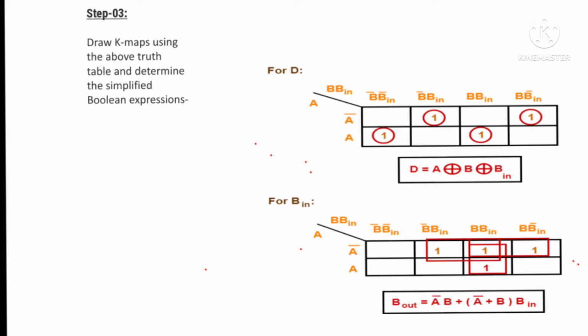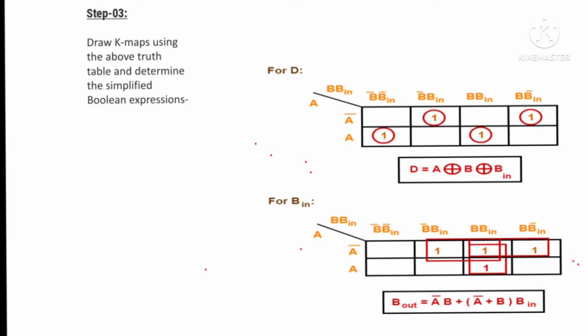At the first position we loop with the adjacent one, that is the third position, and we get A bar with the common B in. At the second position, the looping also takes in a non-looped element if it is present.